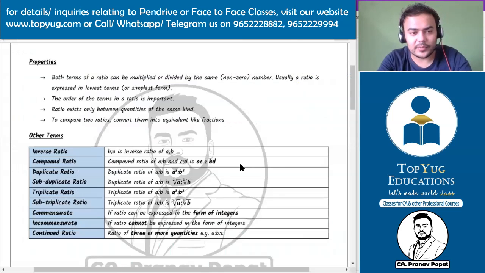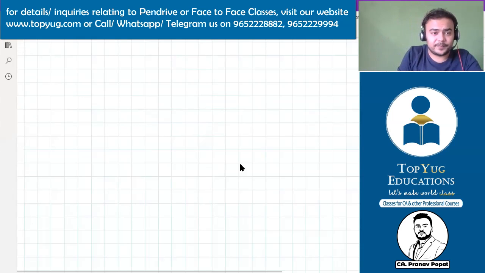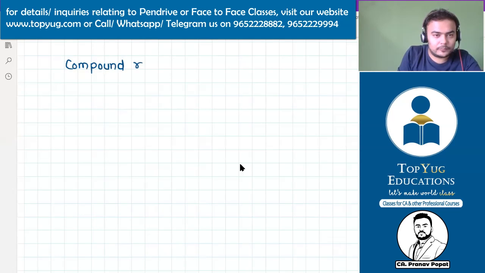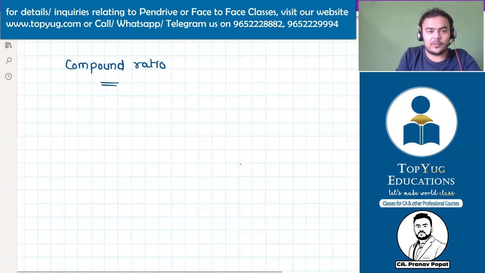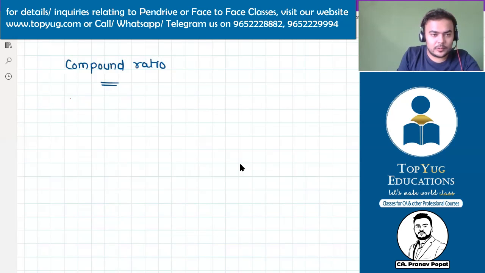Now some new terms, compound ratio. So compound ratio of two or more ratios.